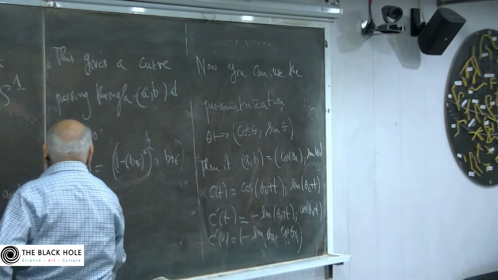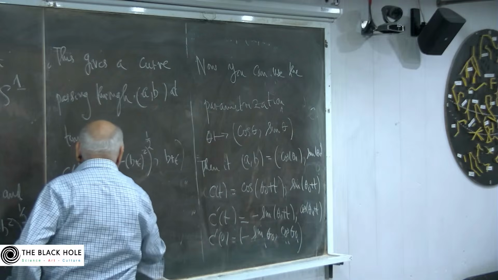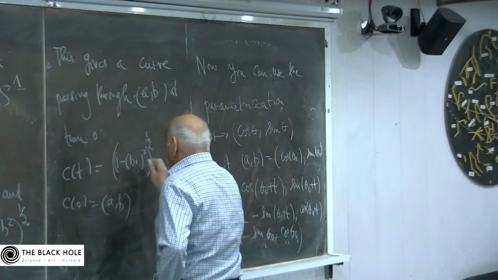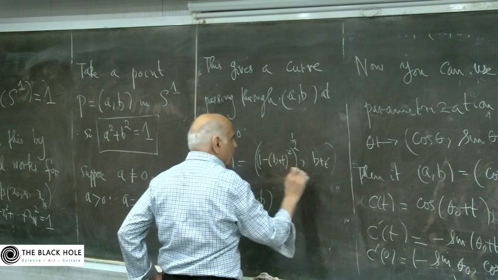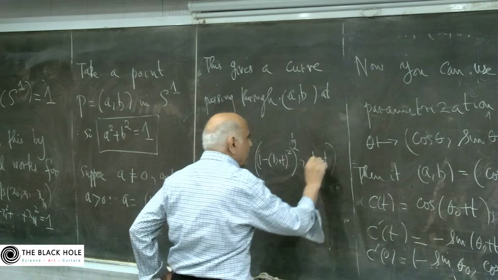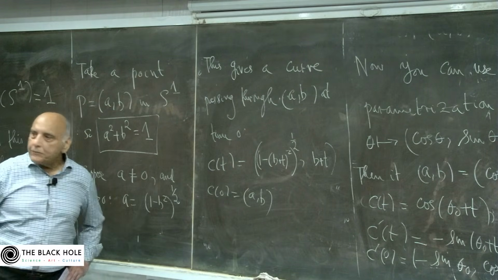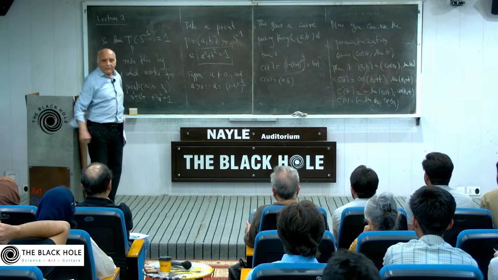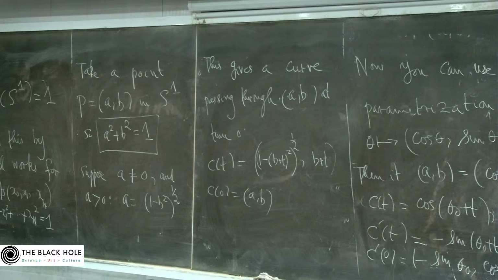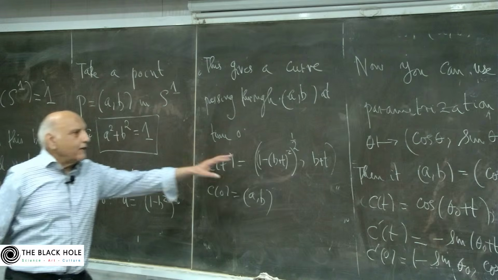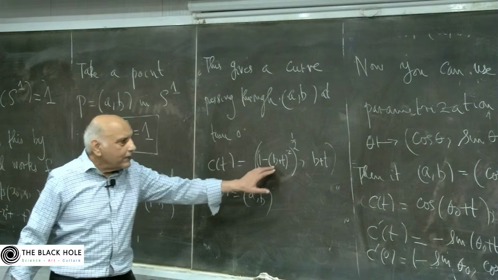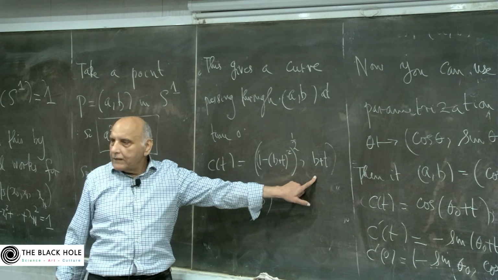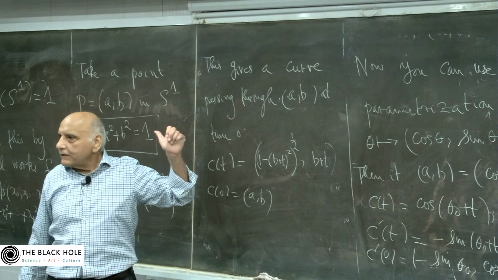So, of course, c of 0 is (a, b). Why is c prime 0 not 0? Look at the second component. Of course, I could differentiate this, but it's clear. Look at the derivative here, it is 1. So c prime is not 0.